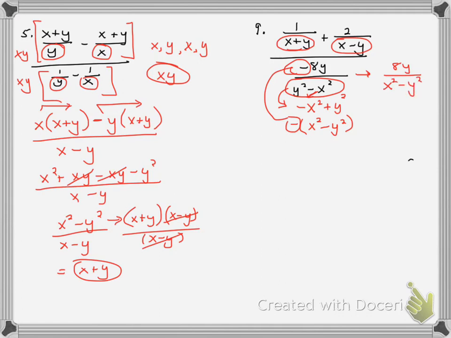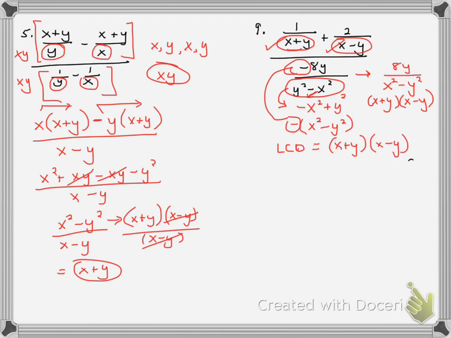The denominator now can factor to x plus y and x minus y. And now I'm ready to identify my least common denominator. Take the first one. Take the second one because it's not duplicated in the first one.